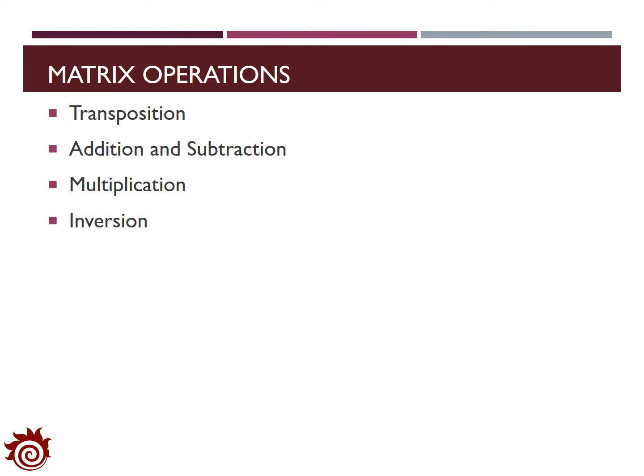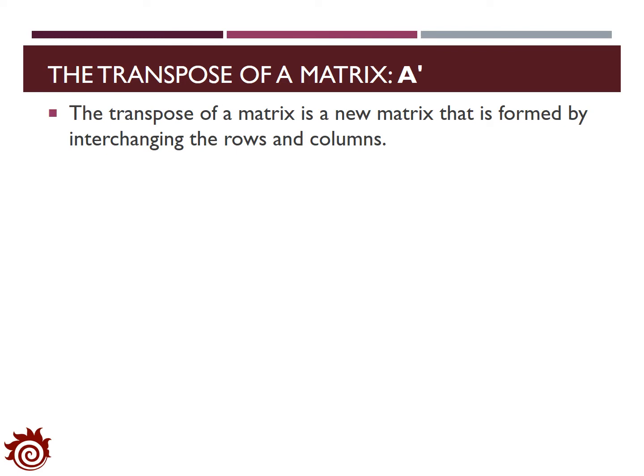There are 4 fundamental matrix operations: transposition, addition and subtraction, multiplication, and inversion. The transpose of a matrix is a new matrix that is formed by interchanging the rows and columns.